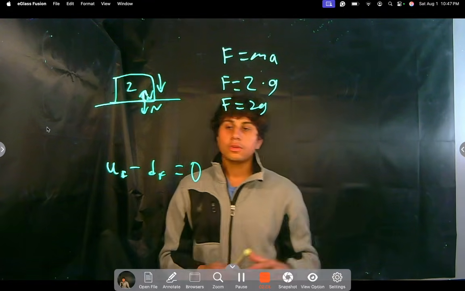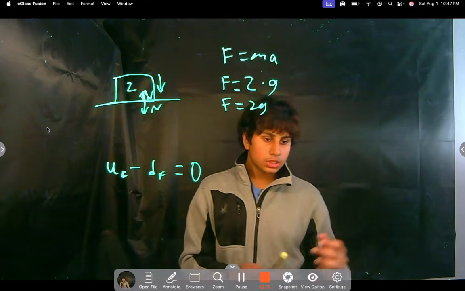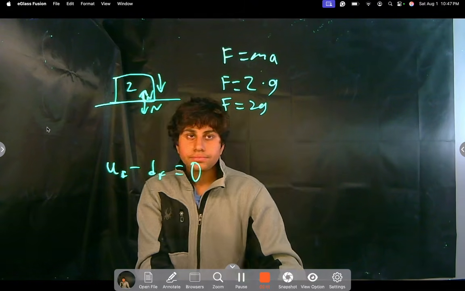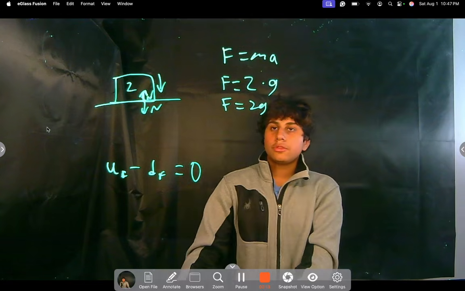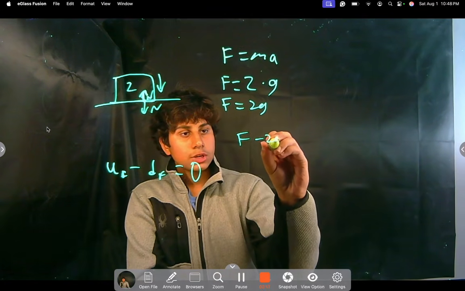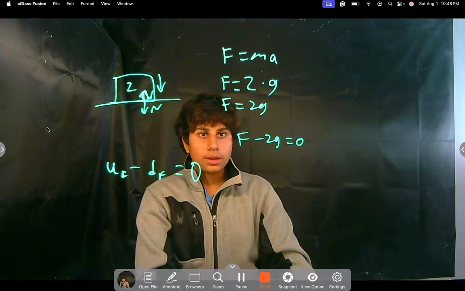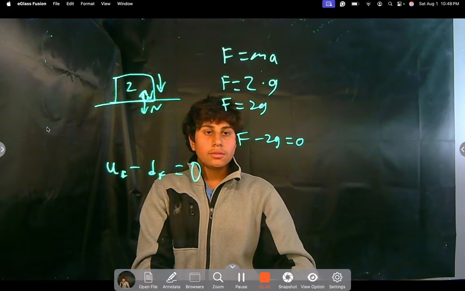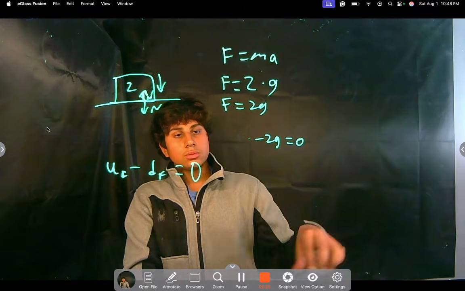Nothing's moving right now. So the net force is going to be 0 because there's no motion. And so you can get this formula if you take the F here and then you subtract 2g equals 0, and then that initial force is going to be our N. So it's going to be N minus 2g equals 0.